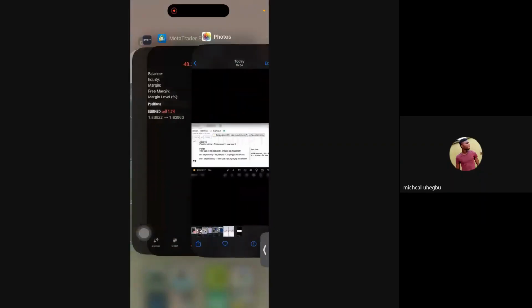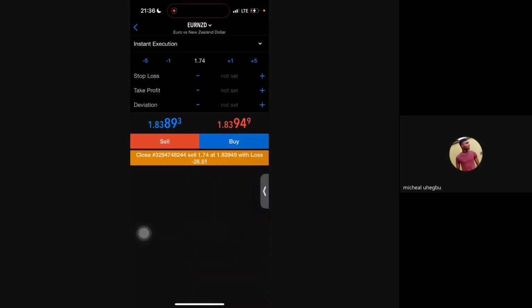Let's go into it. I said that if you want to take partials, all you need to do is tap on your open trade, click on close position, and if you want to close 50% of your trade, take 100% of the lot size you used, divide it by 2 and click on close.